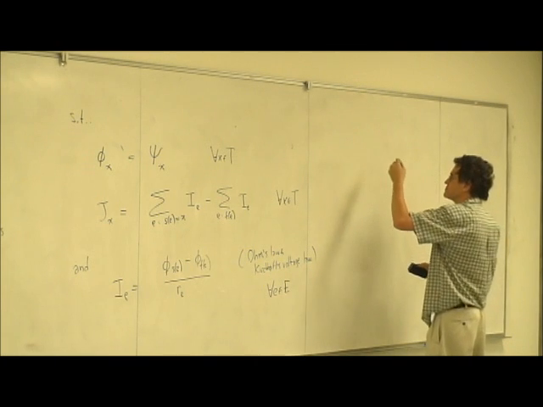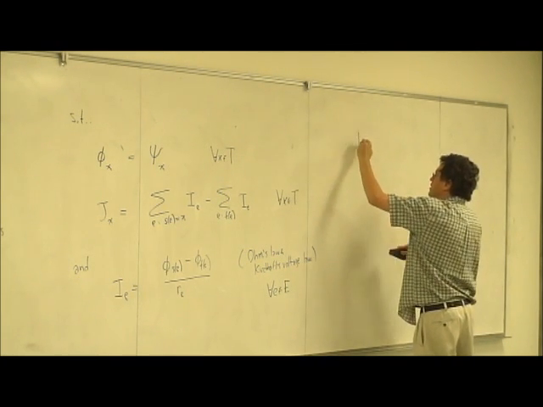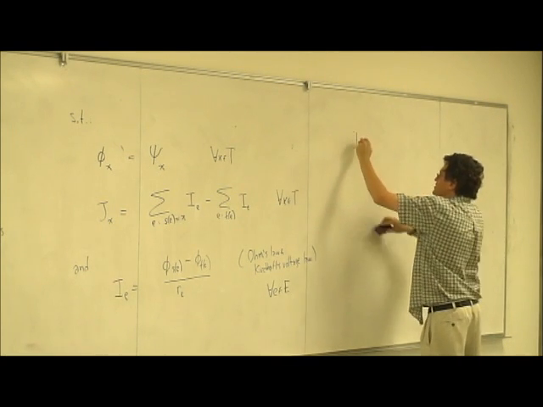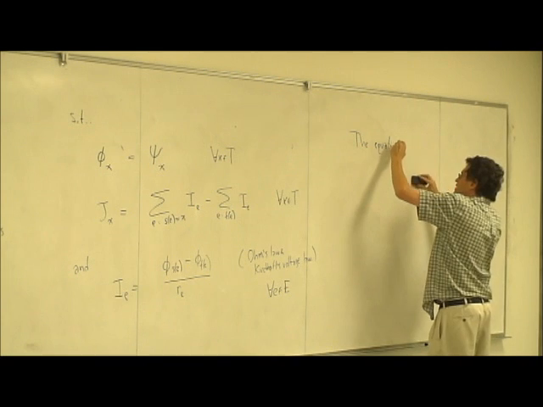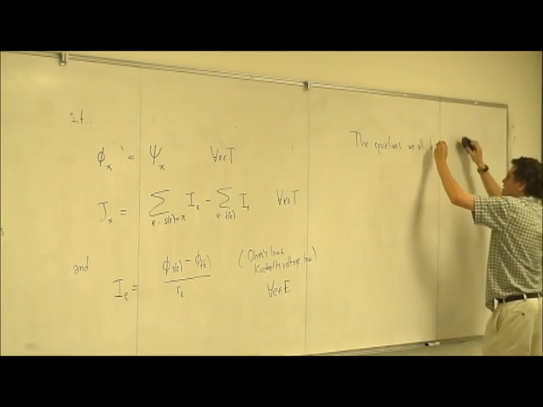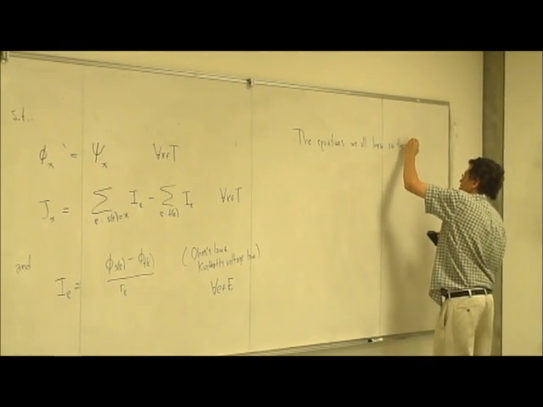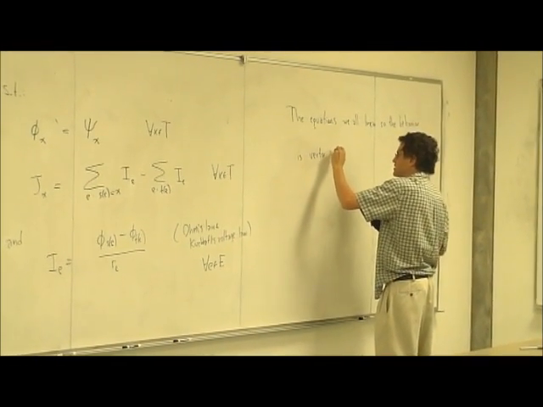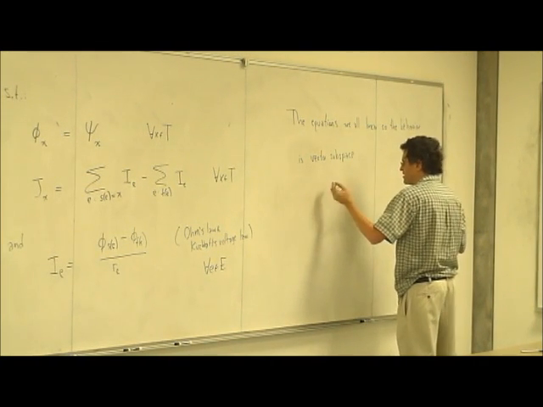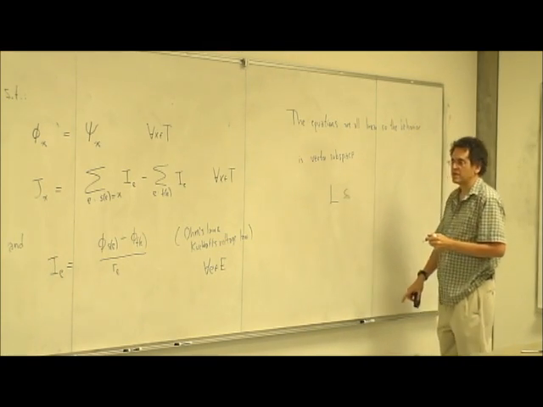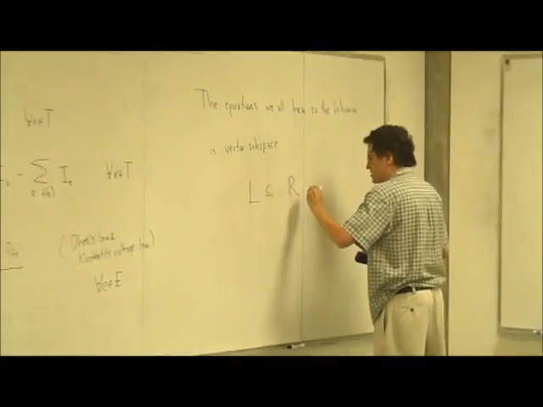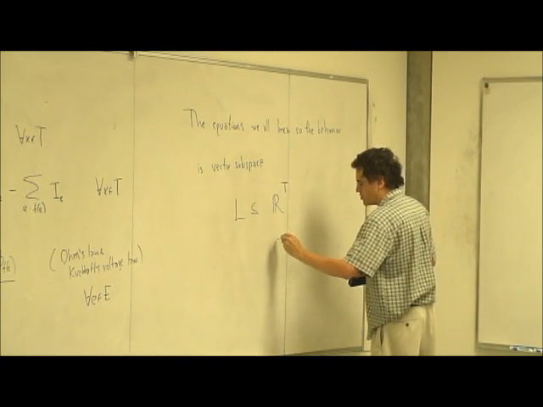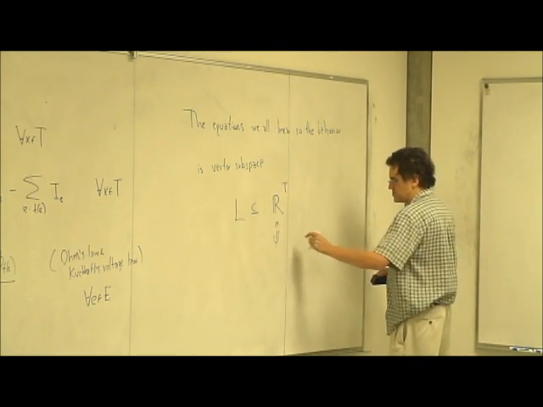So let me summarize that. The equations are all linear, so the behavior is a linear subspace, or vector subspace, two words for the same thing, of the space of possible potentials at terminals, R to the T. This is the set of functions from T to R. That's where our potentials live.